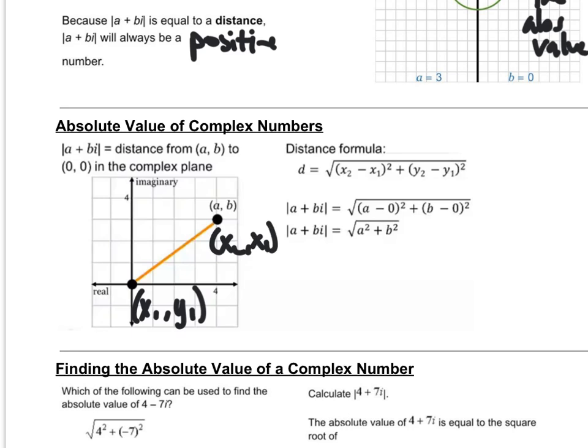So the reality is that when we find the absolute value of a complex number a plus bi, we're really just taking the square root of a squared plus b squared.